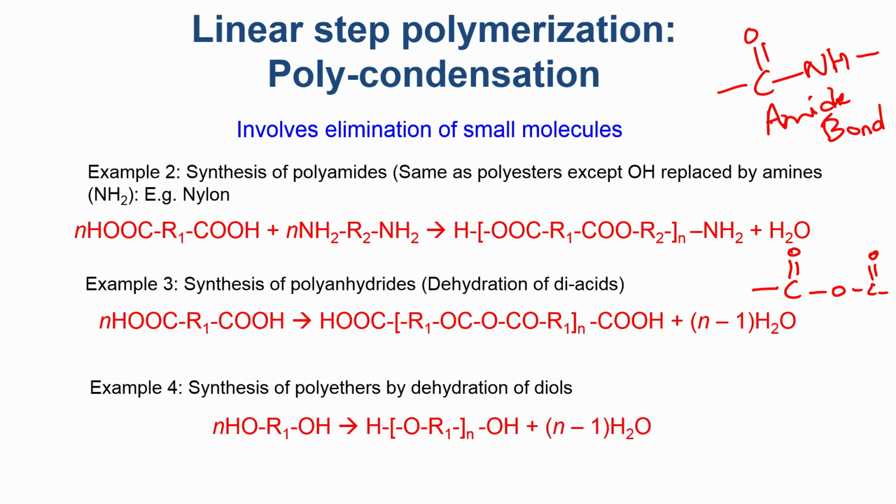And then again there are lots of variations. Another example here is synthesis of polyethers, which is essentially reaction of alcohols with themselves. So, you can have two alcohols that continue to react to form a polymer as well.